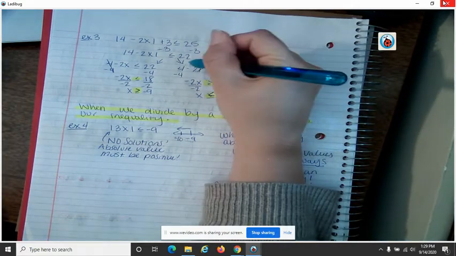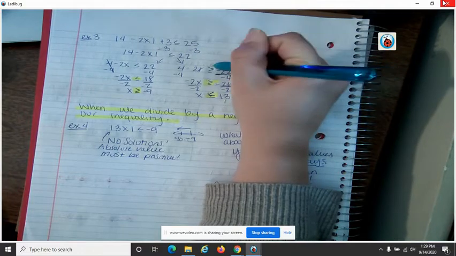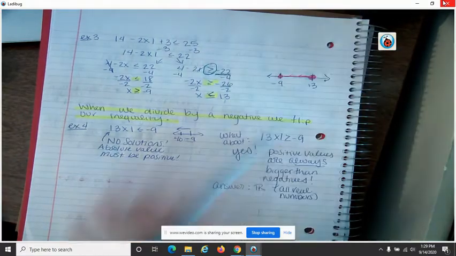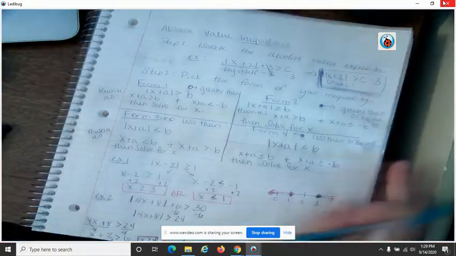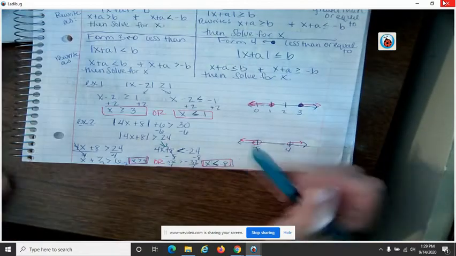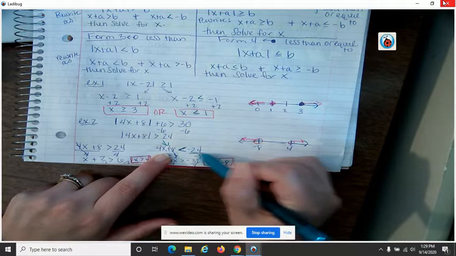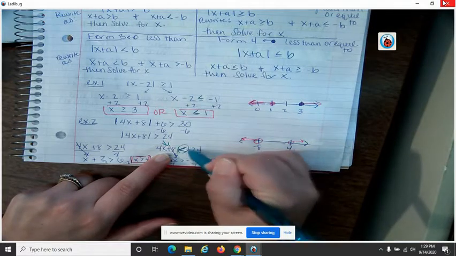when we choose the negative answer, okay, we have to flip this sign, right? Again, when we choose the negative option, in example 2, we chose the negative option right here. We flip this sign, okay?